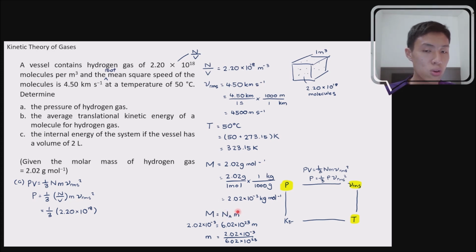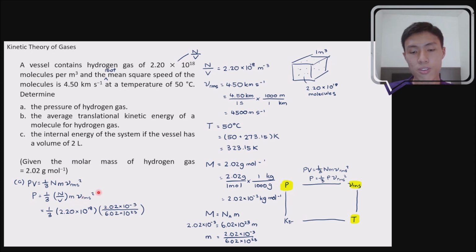You know that each molecule has a mass of m, so if you multiply it, you get the molar mass back. So through this manipulation, you get the mass of one single molecule to be this fraction over here, 2.02 times 10 to the power of negative 3 divided by 6.02 times 10 to the power of 23. So that's the mass of one single molecule.